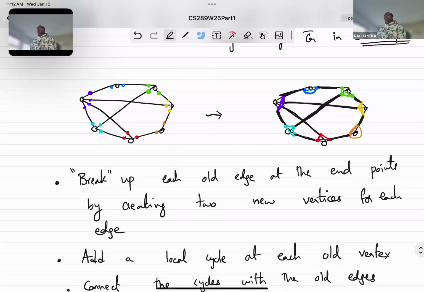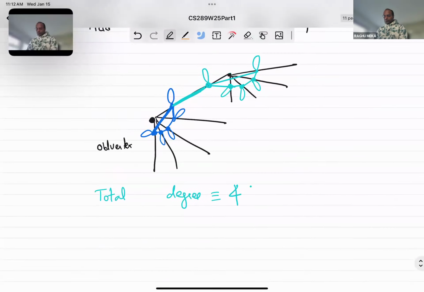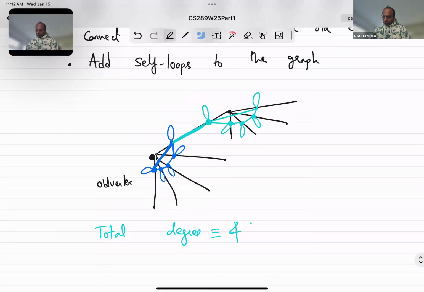Any questions about this transformation? It's like you're snipping off the edges and then connecting them through the cycles.